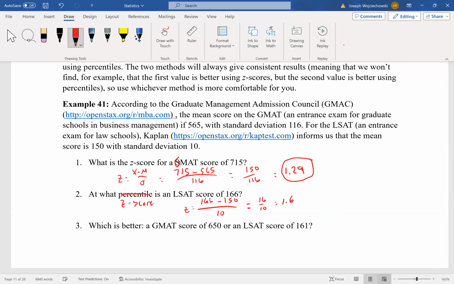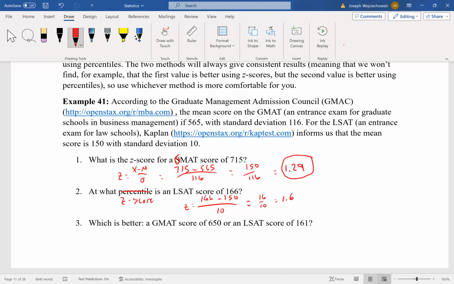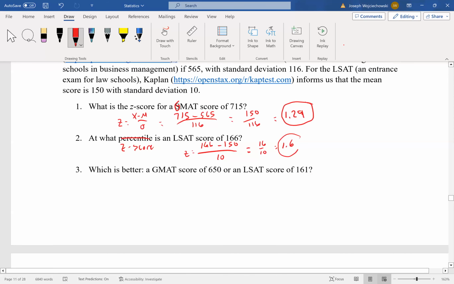Without the data list, we don't have the ability to calculate the percentile. There is a way using some software that the book mentions, but it is beyond the scope of what we want to do in this course.